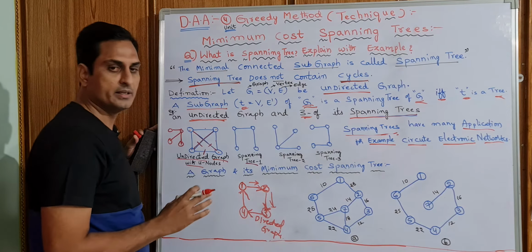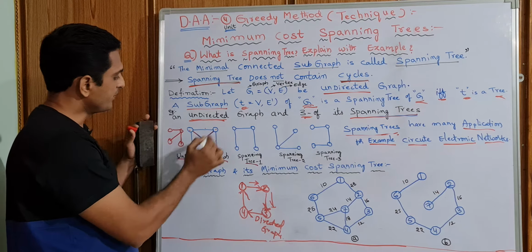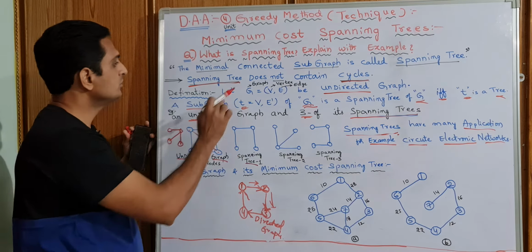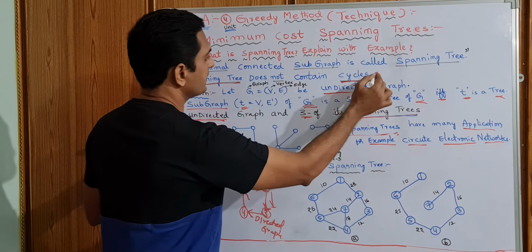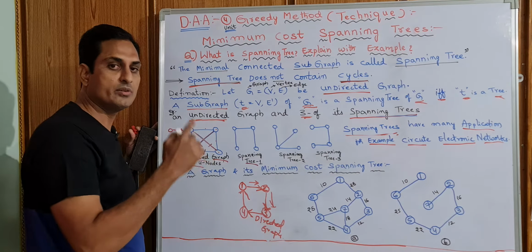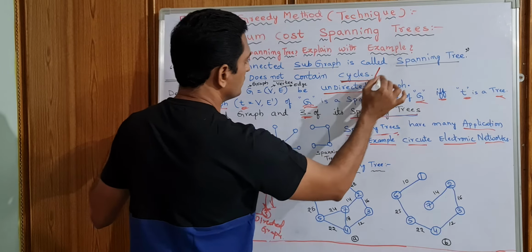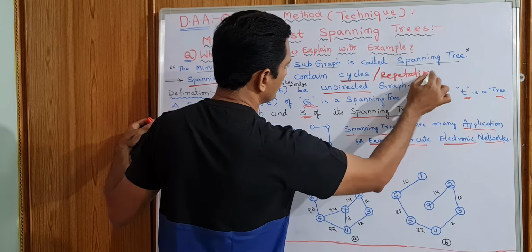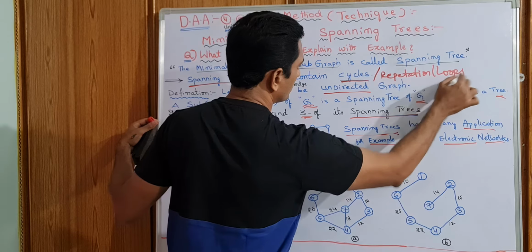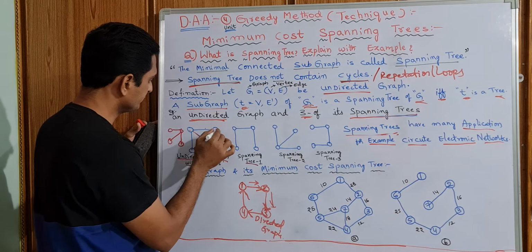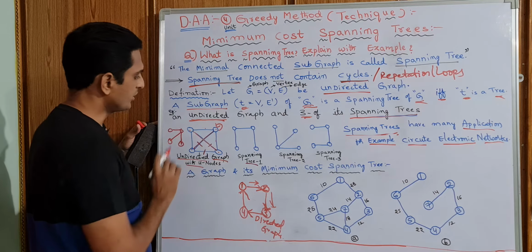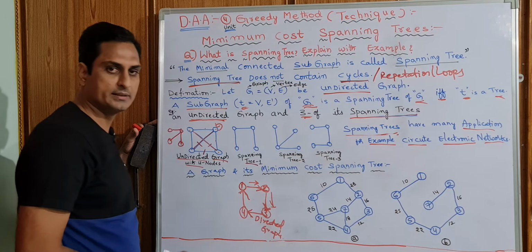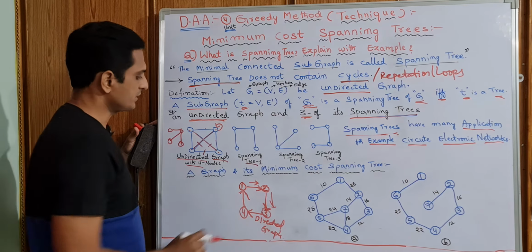A graph has repetitions like this, but in a spanning tree you don't have cycles, repetitions or loops. Here are spanning tree 1, spanning tree 2 and spanning tree 3, examples of this definition.